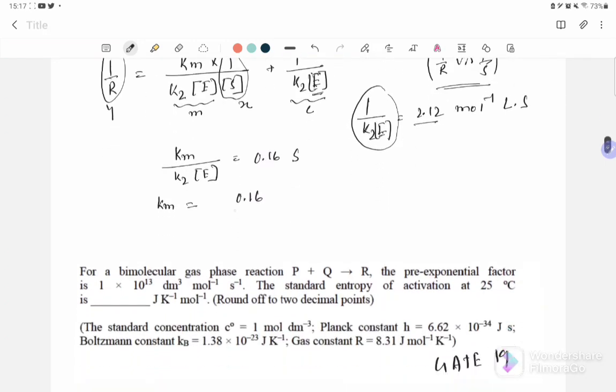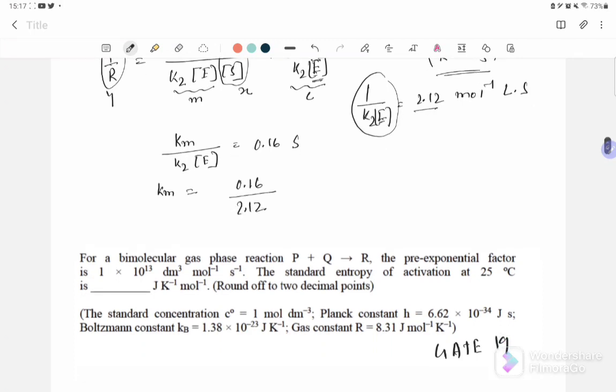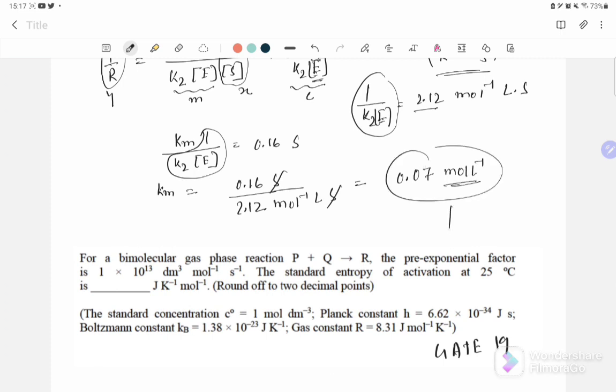So Km will be 0.16 into 1 by 2.12, because this whole one is 2.12, so this will come downside. The unit of this one is mole inverse liter second, so second cancels out, and the answer is 0.07 mole per liter. So this is our answer.